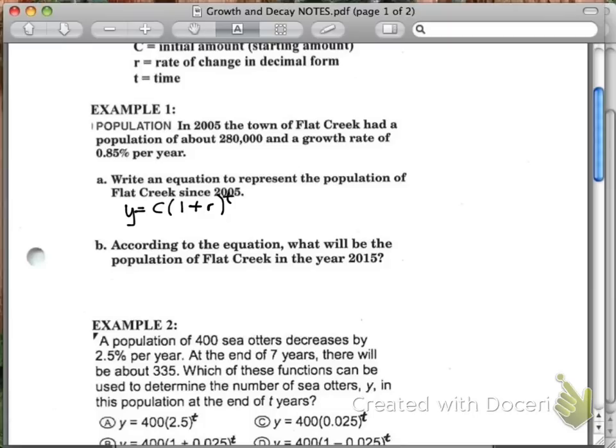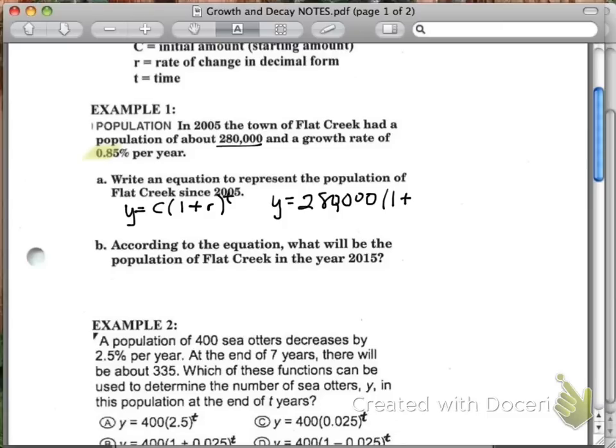So if I fill in what I know, I don't know y, so y equals c, my initial amount, and my initial amount based on the problem is 280,000, times 1 plus r, which is my rate of change in decimal form. So my rate of change is right here at 0.85%.